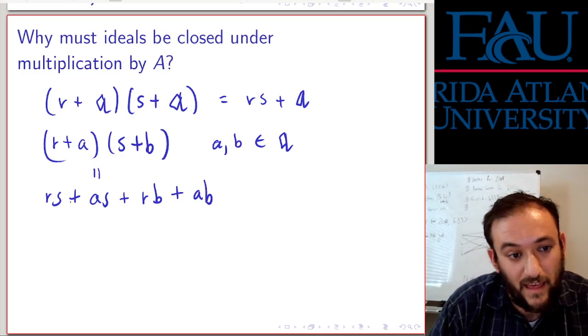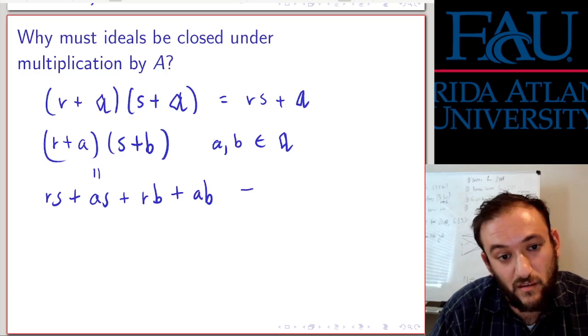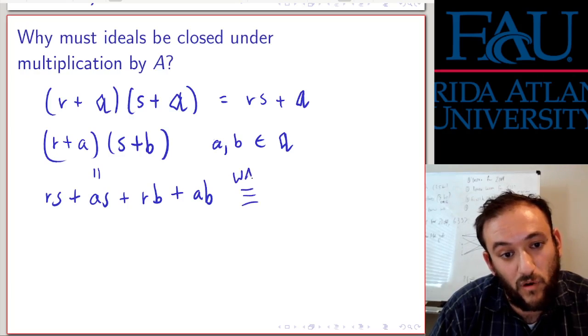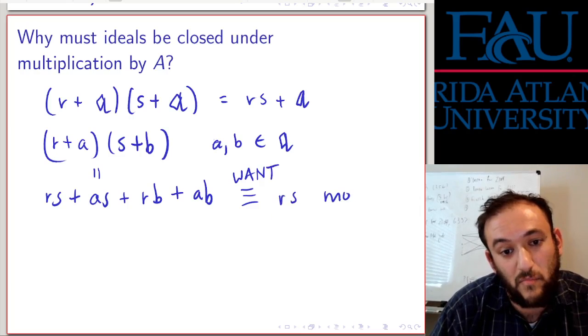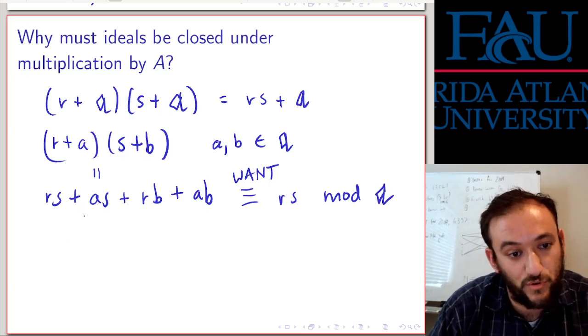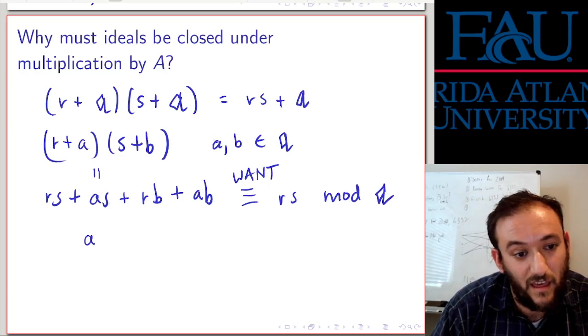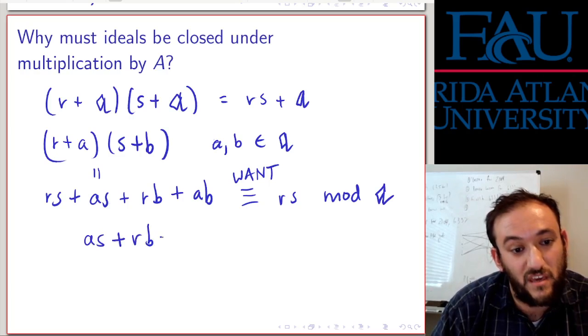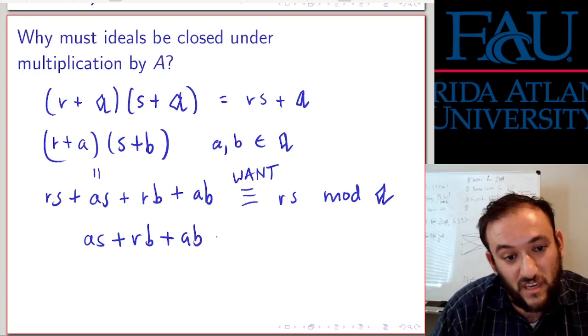Okay? And so we want this to be equivalent to rs mod 𝔞.